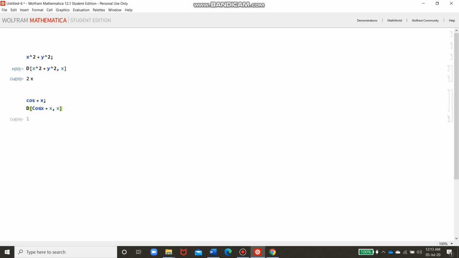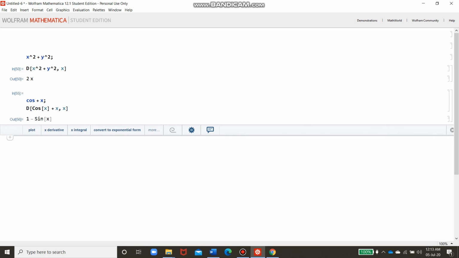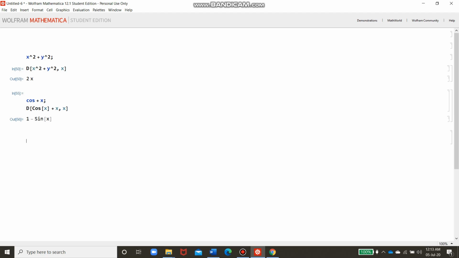And then our next error is, I believe, in this cos of x, I need to put square brackets over here, and then you press shift enter, you get 1 minus sine x. So this is how you try to track down your error. I believe it's going to take a while for us to figure out all these kinds of errors, but make sure you follow it properly.